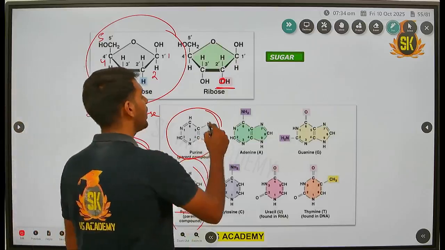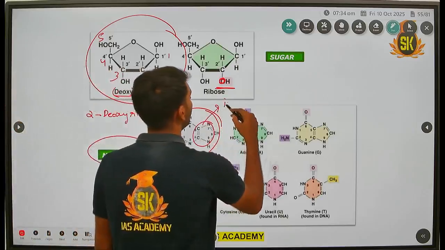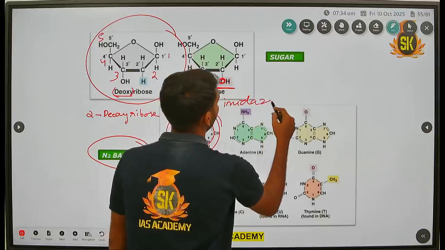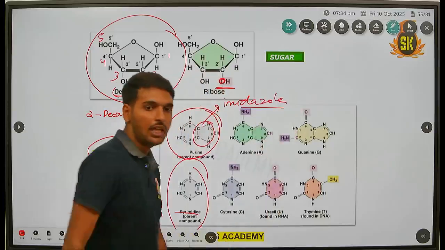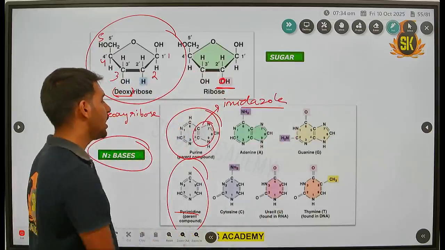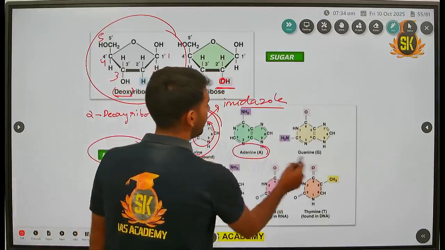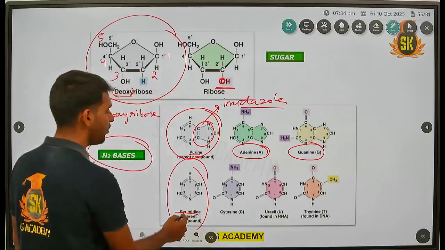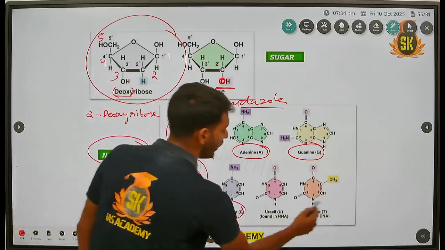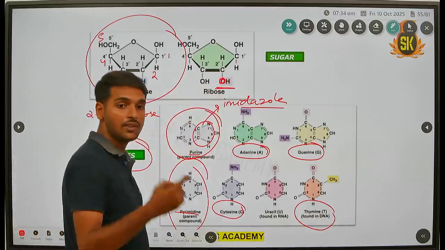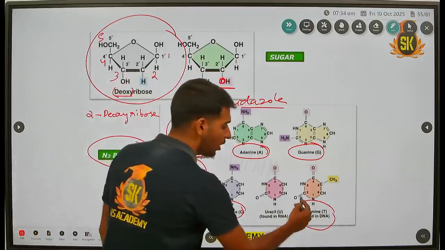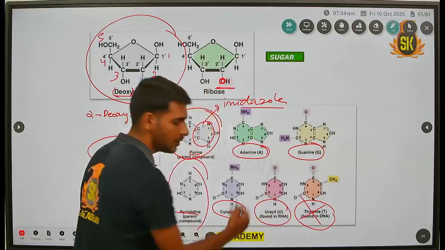In addition, it has an extra ring which is known as the imidazole ring. What ring? Imidazole ring. What are the types of purines? Adenine, guanine. Types of pyrimidine: cytosine, thymine. In DNA. If it is RNA, not thymine, it is uracil.